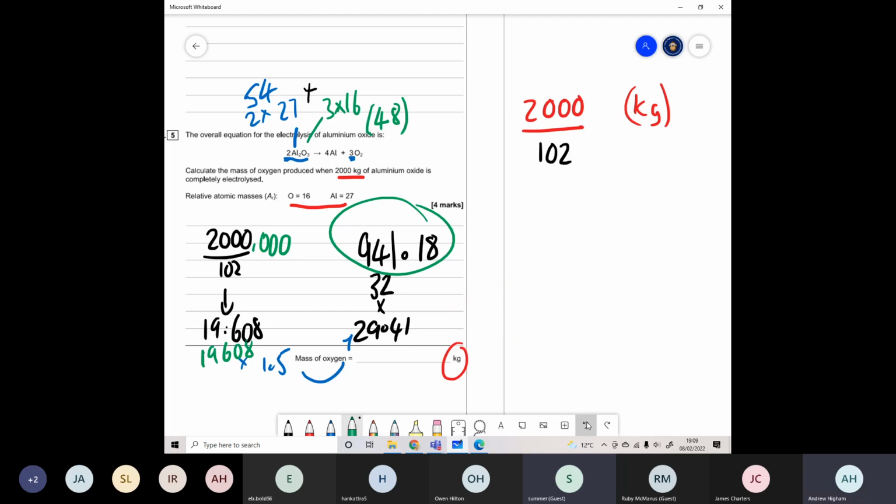So you basically pick what you're happy with. But if you think about it, if you start off with 2,000 kilograms of the aluminium oxide, it's only ever going to go down because we're separating the aluminium and the oxygen. So any number that's bigger than 2,000 is wrong.